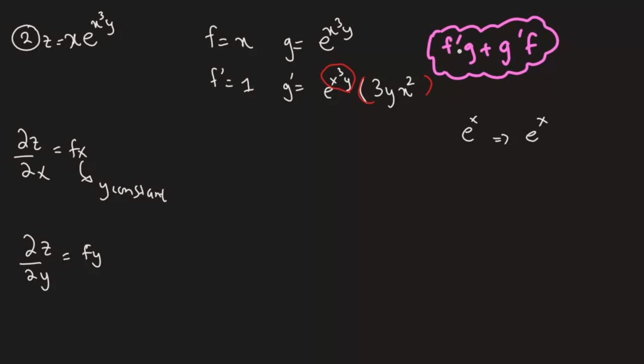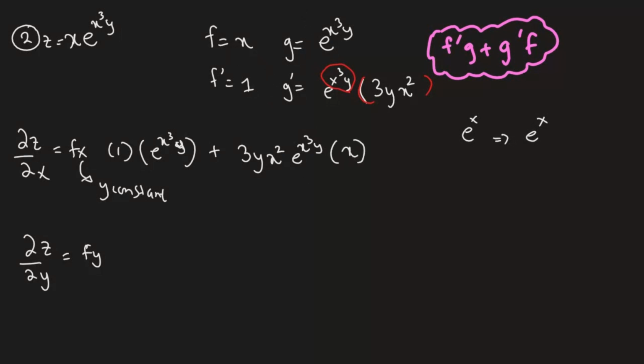So first is f prime, then g, which is e to the x cubed y, and then plus g prime, so this is 3y x squared e to the x cubed y, and then times f, which is x.